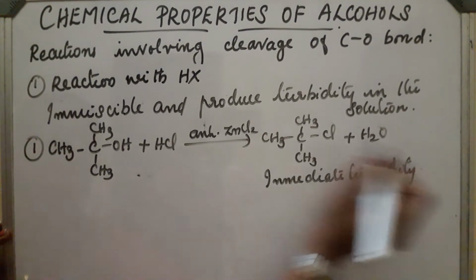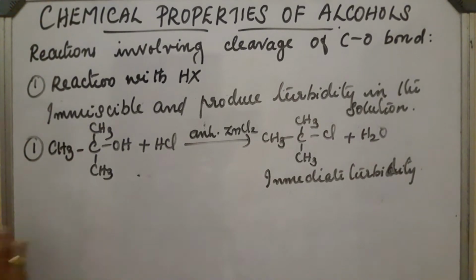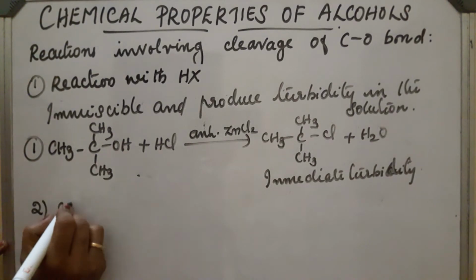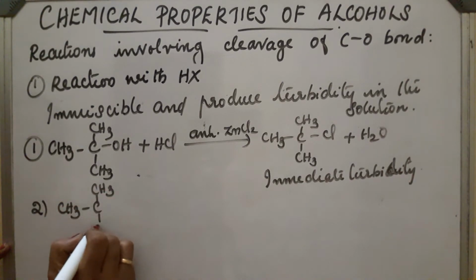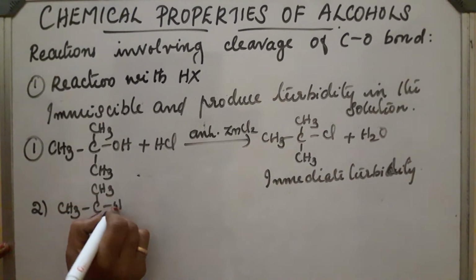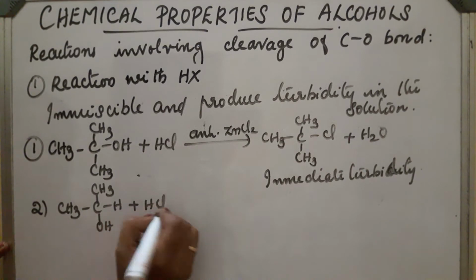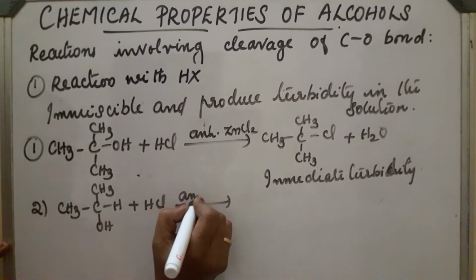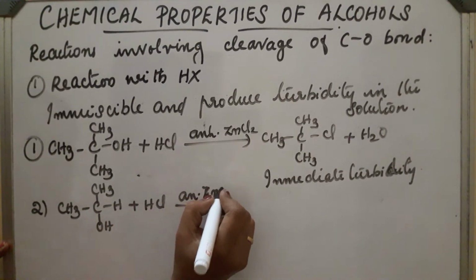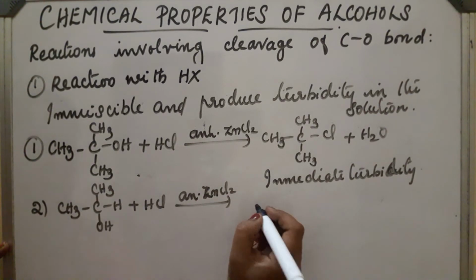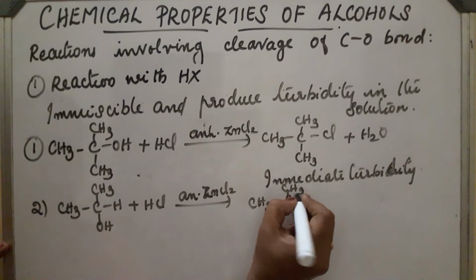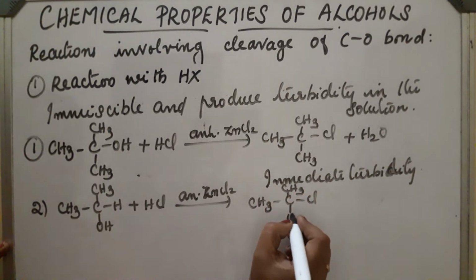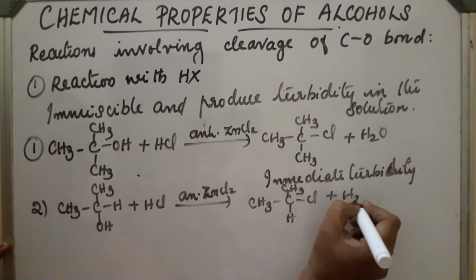So the compound is a tertiary alcohol. Next, what will happen in the case of secondary alcohol? On reaction with HCl and anhydrous ZnCl2, a secondary alkyl halide is obtained, plus H2O.